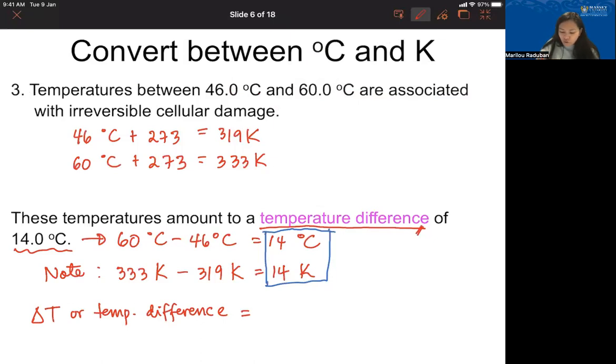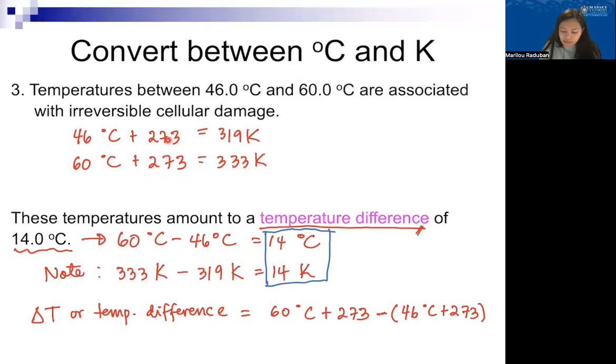So for example, if you subtract 60 degrees Celsius plus 273, the converted form of degrees Celsius to Kelvin, and subtract the whole 46 degrees Celsius plus 273, you have a minus in front of a bracket, and we learned last time that if you have something multiplied outside a bracket, it is multiplied to each term in the bracket.